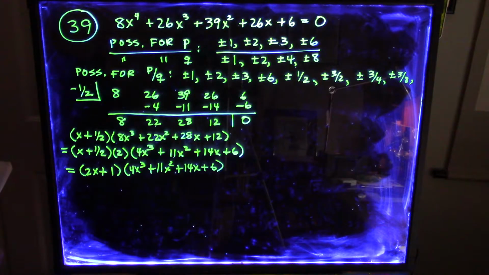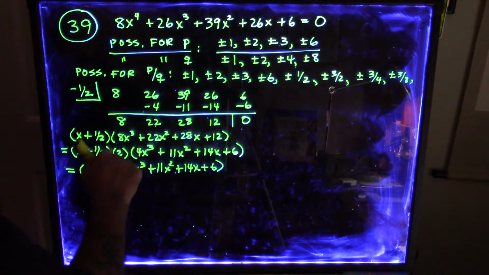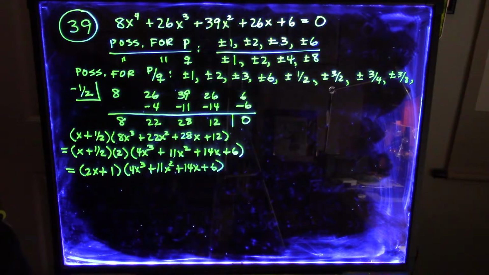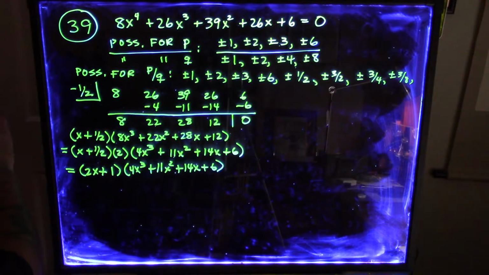Alright. You could try negative a half again on this part here that remains. It won't work, unfortunately, so you go through the other possibilities that you have not tried yet. Okay, anything that you haven't tried is fair game.